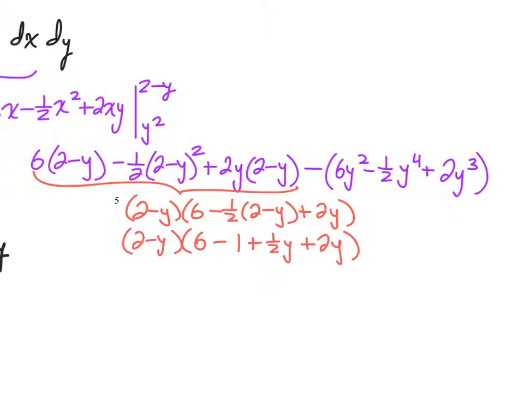One way or the other, I'm going to have to distribute, I'm going to have to FOIL, but hoping to clean it up a little bit more before I get that far. So 5 plus 5/2 y multiplied by the 2 minus y. So FOIL: 10 plus, oh, that's going to clean up nicely, it looks like, 5y minus 5y, so minus 5/2 y squared.